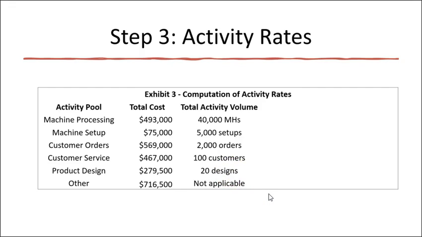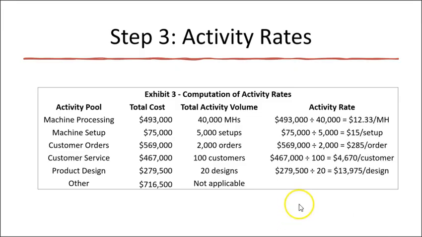We take the total cost in each pool and divide it by the total activity to get the activity rate. Oh, does that sound familiar? Well, hopefully so. Here are the rates. For machine processing, a rate of $12.33 per machine hour. Every machine setup, $15 per setup. Customer orders, $285.